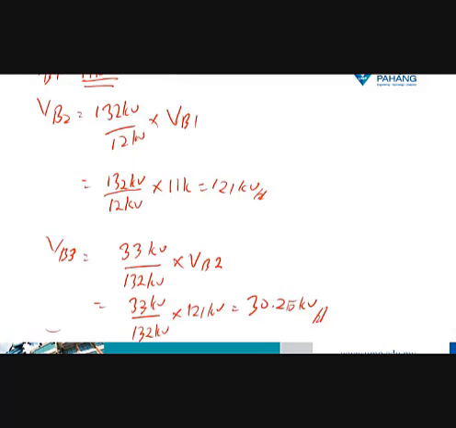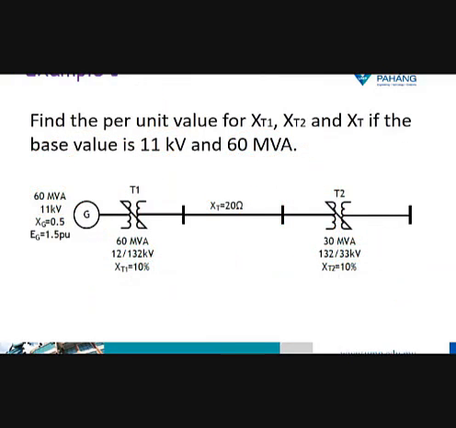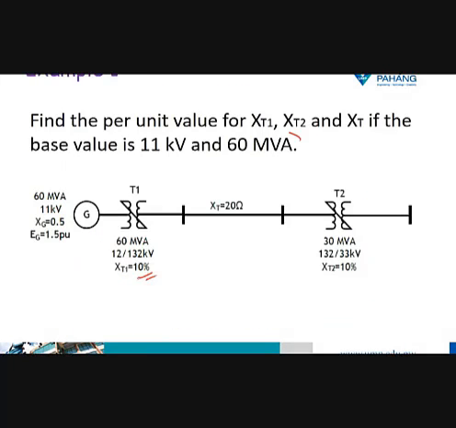XT1 old is this value, 0.1 per unit, times S base new. What is S base new? S base new is the new base power in MVA. In our case, new MVA is 60 MVA. So please remember this one.